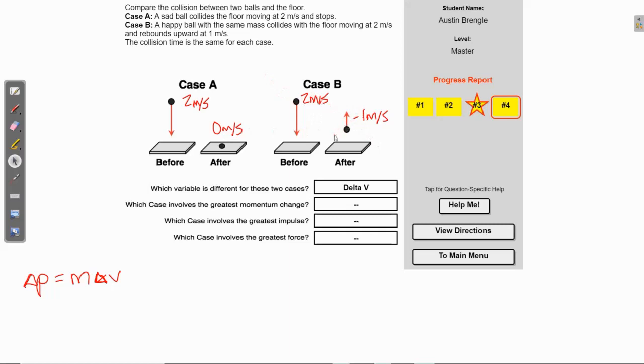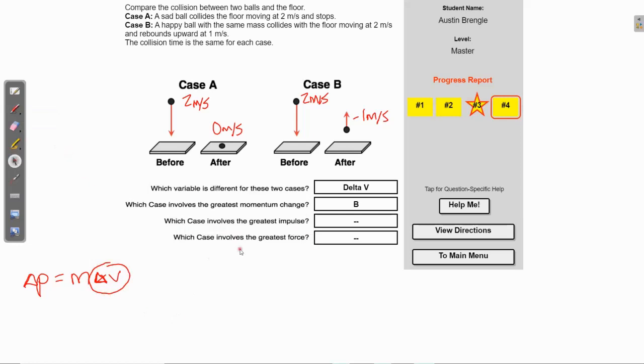But if you go from 2 to -1, your change in velocity for case B is actually 3 meters per second versus case A, which is 2 meters per second. So the greatest momentum change has to be case B, because the change in velocity is greater. So this is the factor right here, the change in velocity.